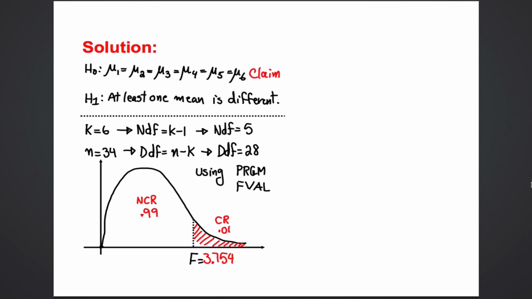So we use program FVAL, we follow the steps that we see on the calculator, and we should get the critical value F of 3.754. This is with a significance level of 0.01. And again, I emphasize it's always going to be a right tail test.